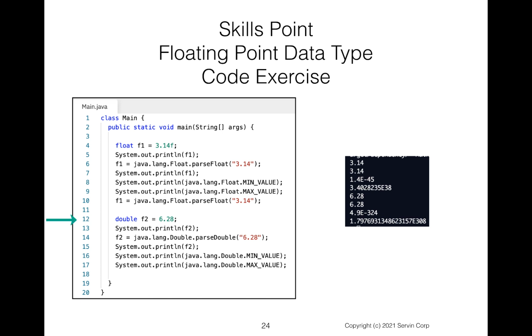And here, I want to draw your attention again, at line 14, we can parseDouble. And so that way we parse this, taking the string, turning it into a double value. And boy, talk about a huge value. Notice lines 16 and 17 showing the minimum and maximum value. So very, very tiny and very, very huge values are available from that.